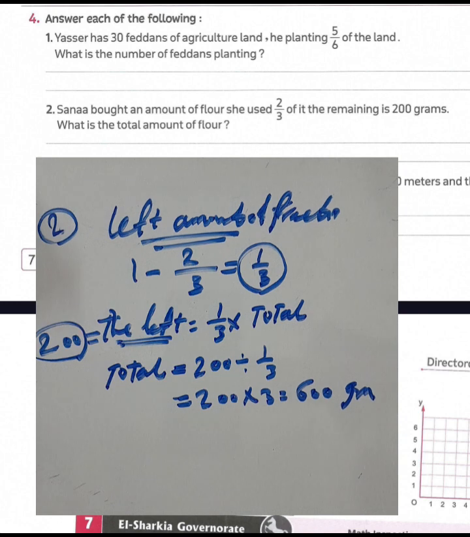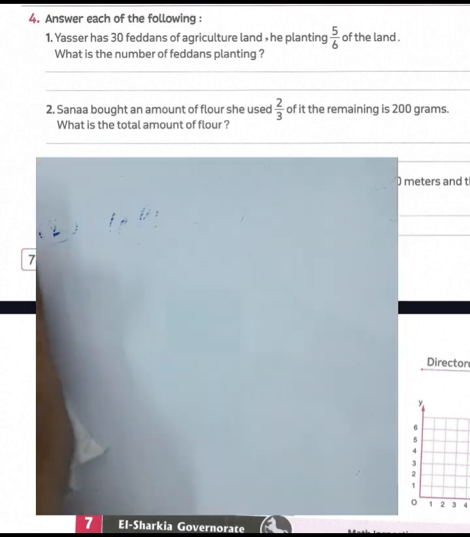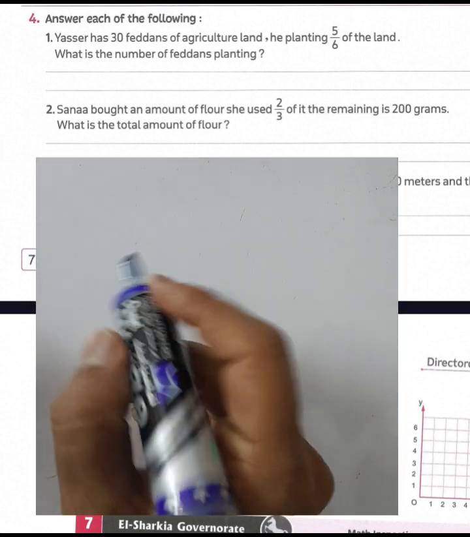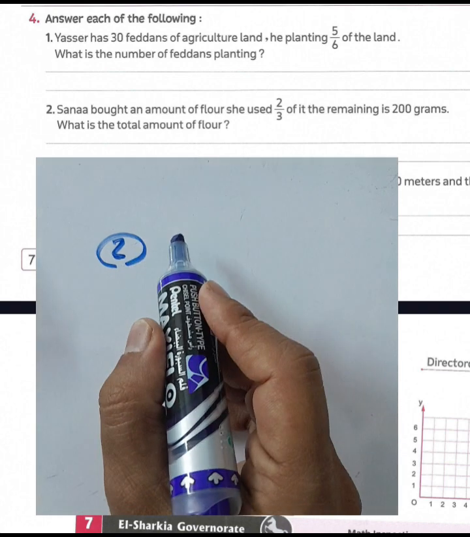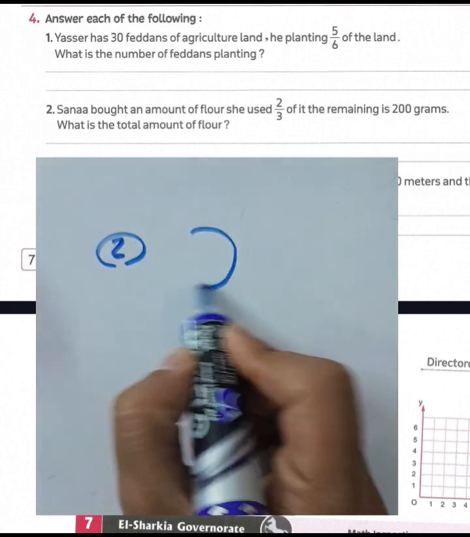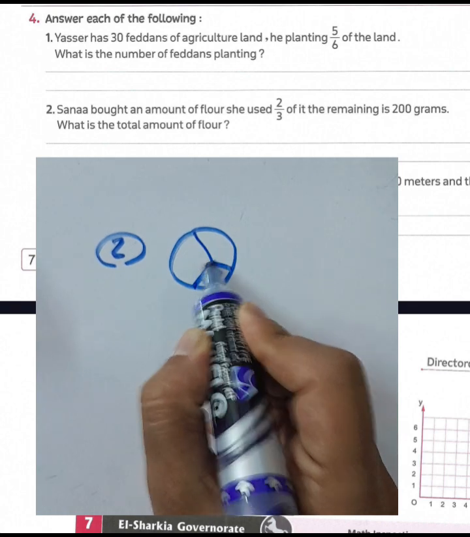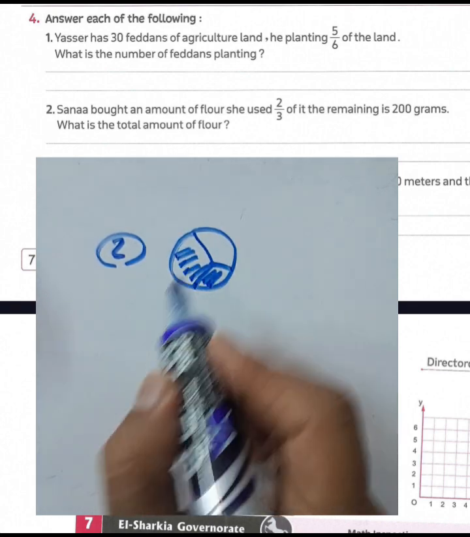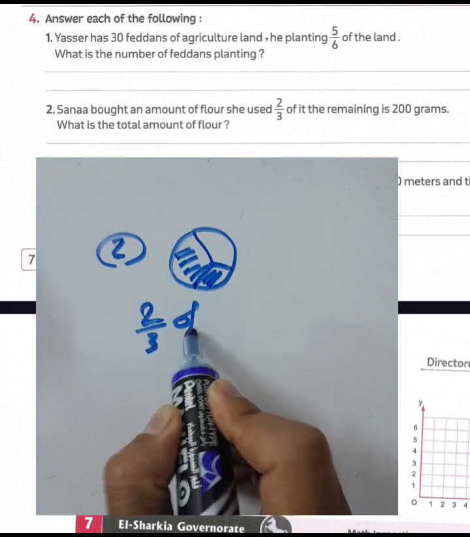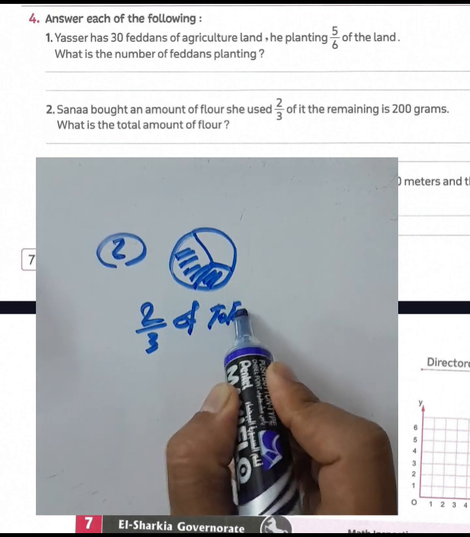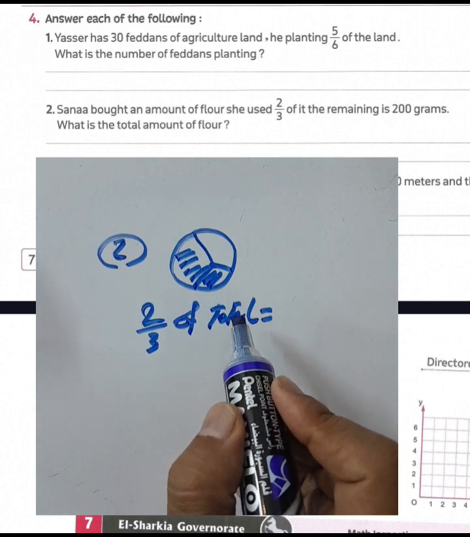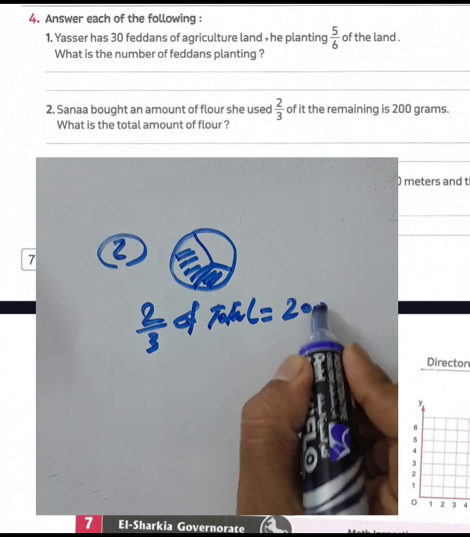Okay, I will solve this example again to know the steps. Question number 2 again. Sana put an amount of flour. She used 2/3, and the remainder was 200.